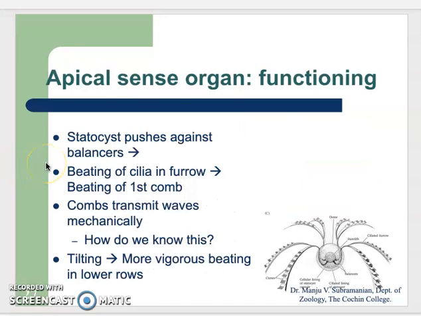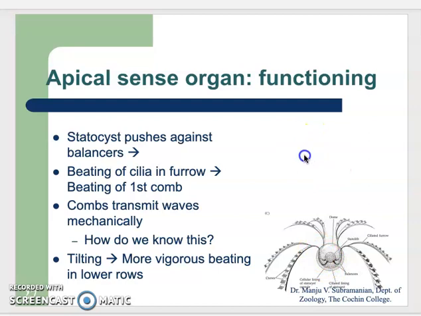This aboral sensory receptor is concerned with the equilibrium of the body, and any change in the position of the body alters the center of gravity and upsets the equilibrium. Consequently, the statolith exerts more pressure on the balancer on the inclined side.